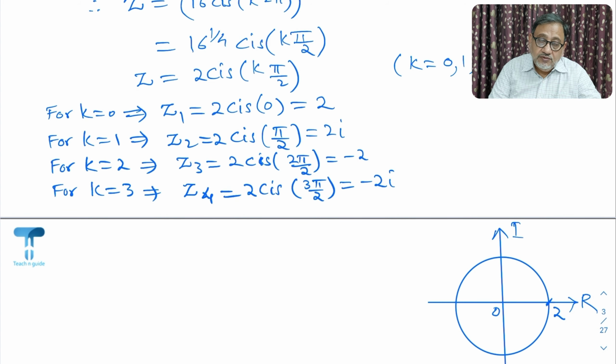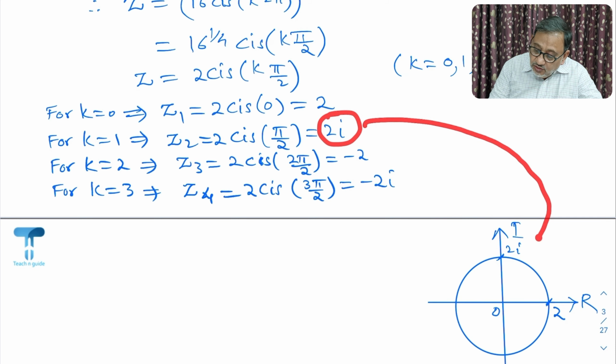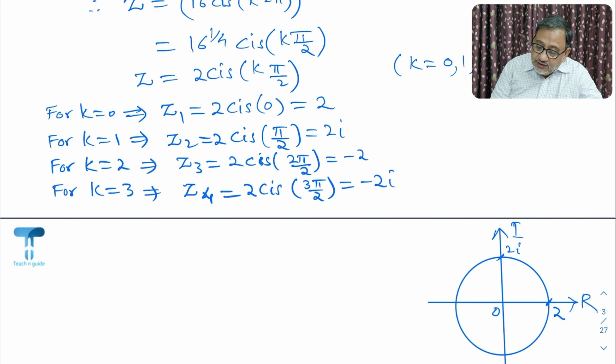Then as we have discussed just now, the properties of the nth roots are that they are equally spaced. Then the second will be 2i, which will be on the imaginary axis. So this one has gone here on the imaginary axis. The third one is again minus 2. So as we said, it is equally spaced, so it will be opposite of 2.